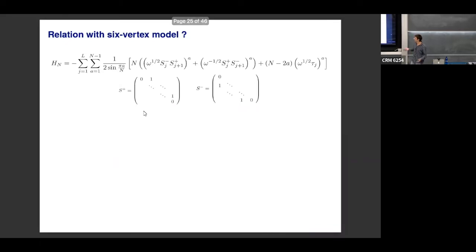Okay, so what's the relation with the six-vertex model? I told you Hn commutes with Q, but as we just discussed with Balázs, it's not obvious from its explicit form. So we can actually bring it back to a manifestly Q commuting form.